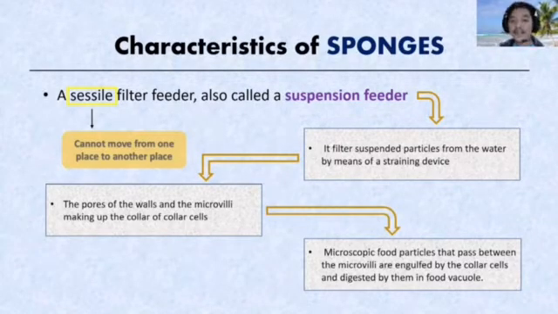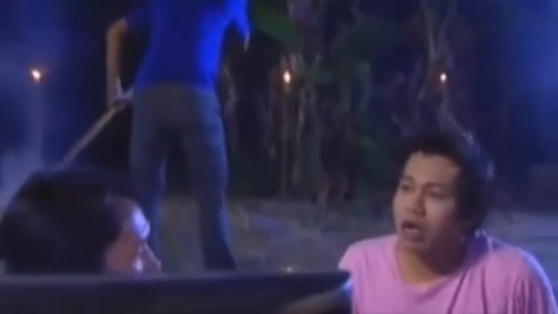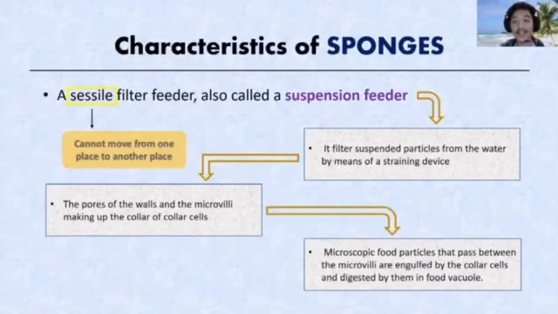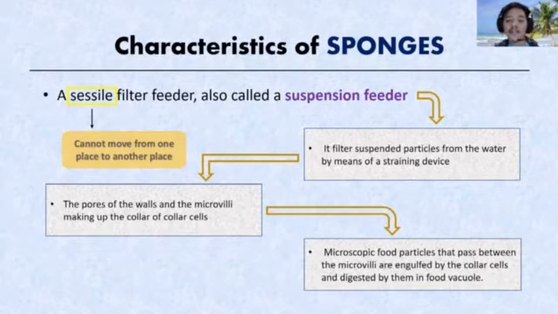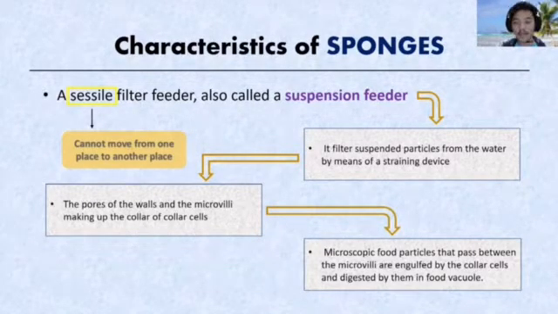It filters suspended particles from the water by means of a straining device: the pores of the wall and the microvilli making up the collar of the collar cells. Microscopic food particles that pass between the microvilli are engulfed by the collar cells and digested by them in food vacuoles.